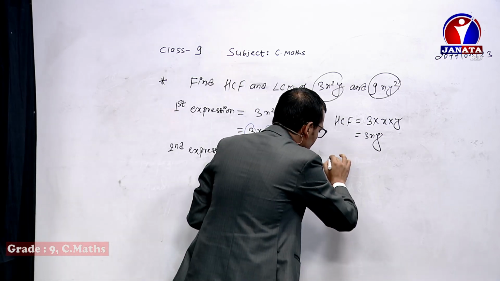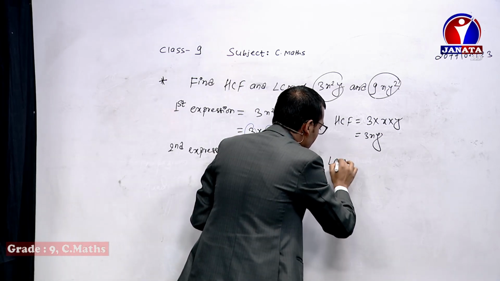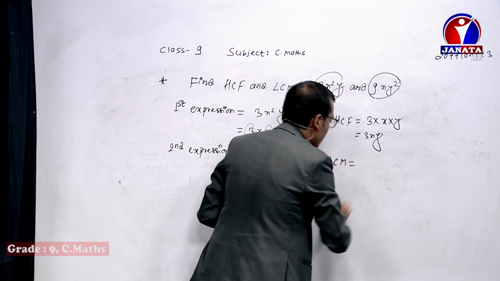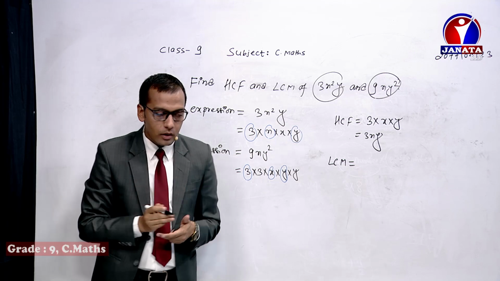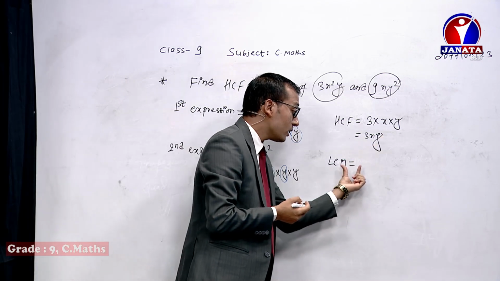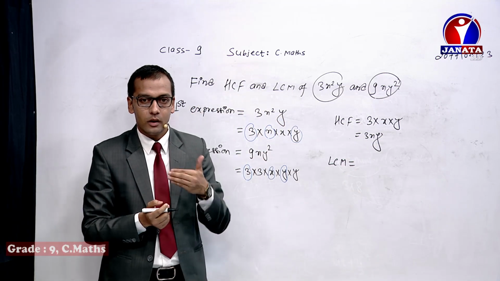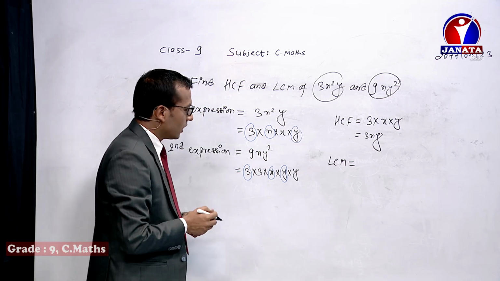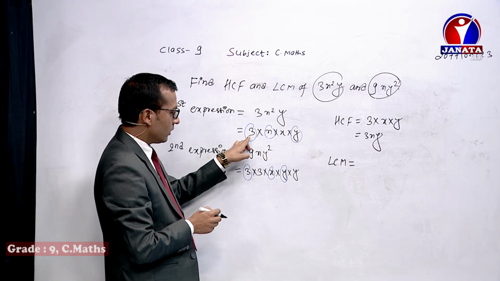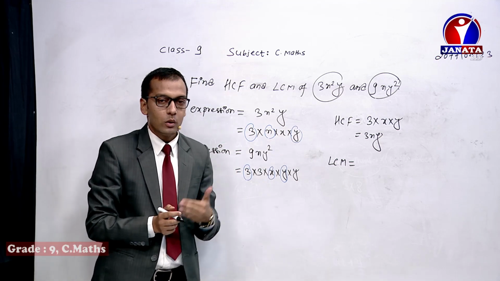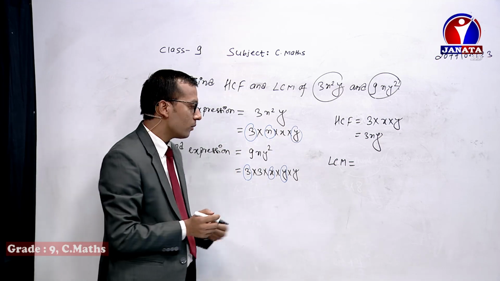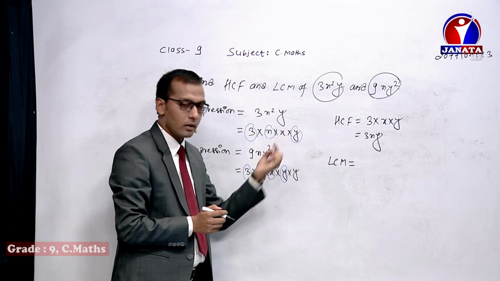Similarly, now what is LCM? LCM is product of common factors, or LCM is HCF times rest of the factors. So what are the common factors? Again, 3, x and y are common. Now let's pick out the remaining factors from first expression, which is x.